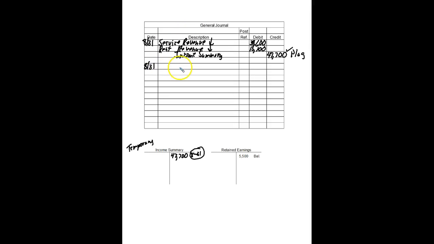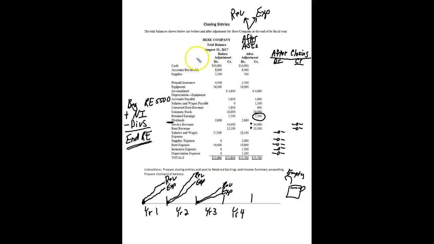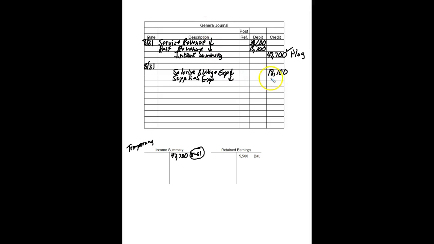August 31. Leave a space for a debit, and let's start our credits. Salaries and wage expense, I'm going to credit that account. Credits cause it to go down. Its balance was $18,100. The next expense account was supplies expense. Again, I want it to go down. Supplies expense had a balance of $2,000. Let's credit it to that amount.